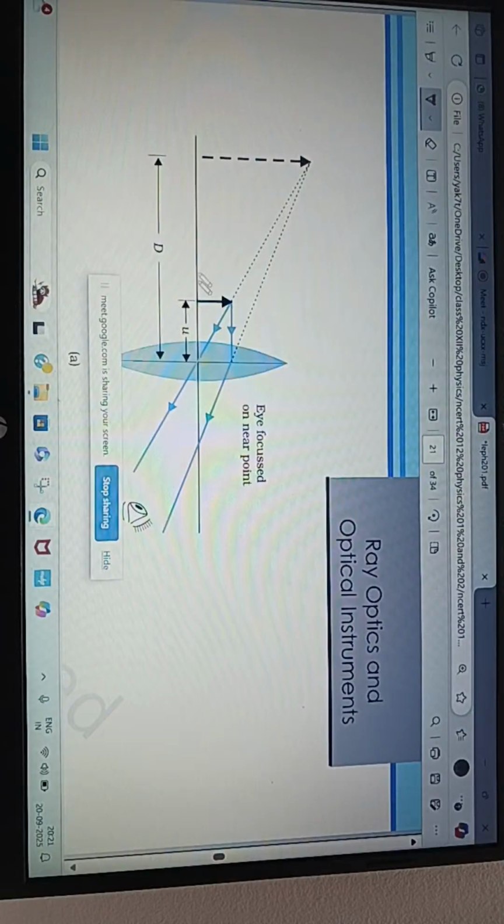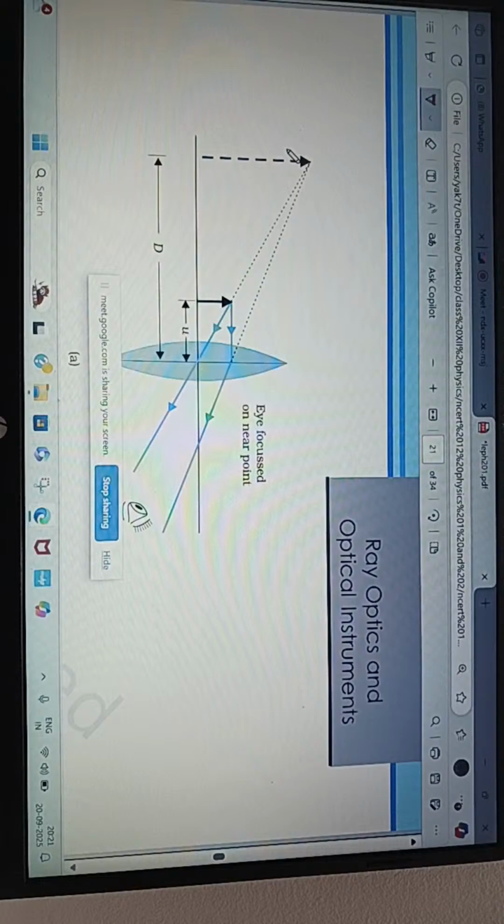It is kept between F1 and optical center. The image comes virtual in a convex lens.